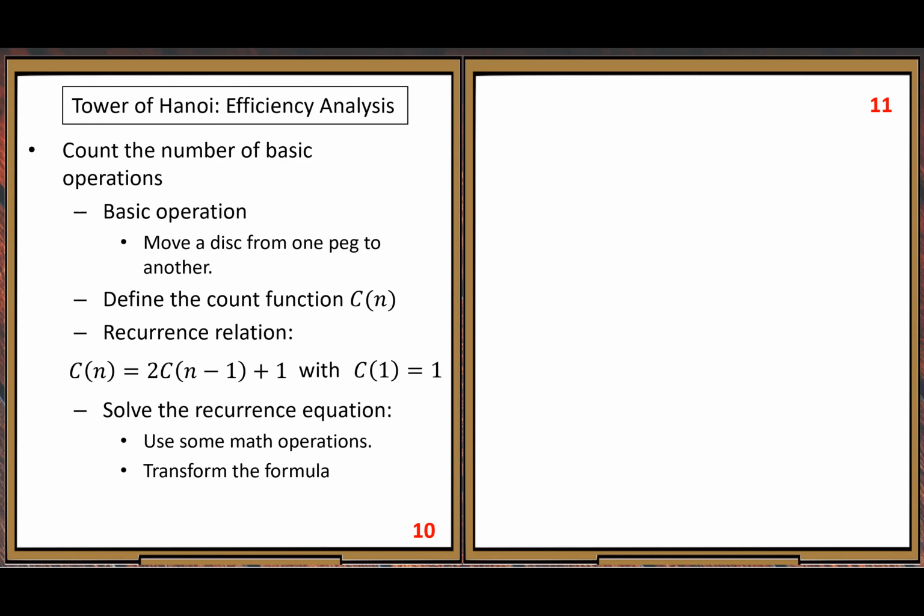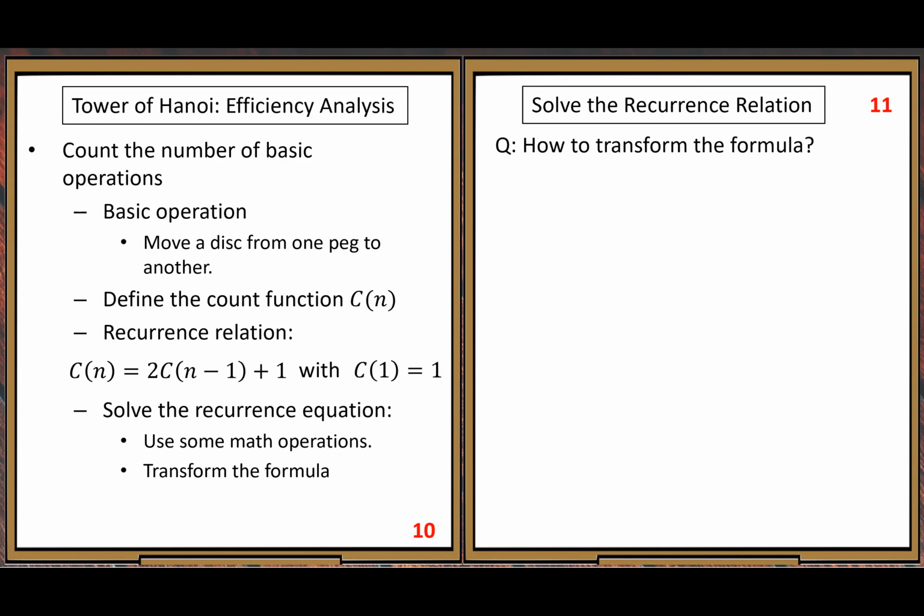In this kind of situation, usually try to change the form of the formula to make it more friendly for us to find the special properties. Here, how to transform the formula? Explore the similarity in structure.